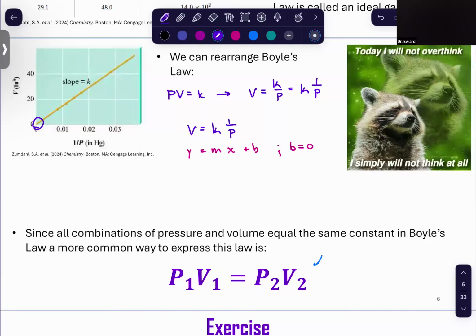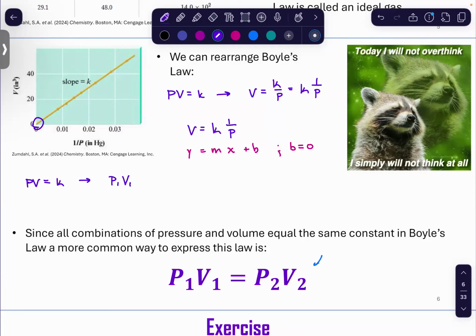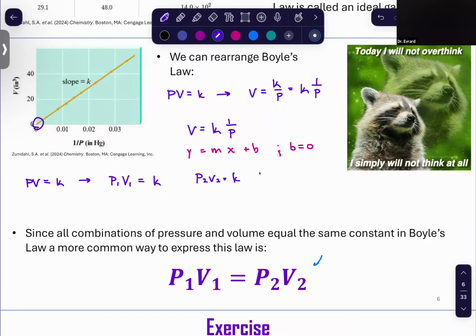Okay, so if every combination of P times V equals a constant, this means that condition 1, P1V1, is going to equal K. Condition 2, P2V2, is going to equal K. Condition 3, pressure 3 times volume 3 will equal K, and so on and so forth, which means that any of these equal each other.